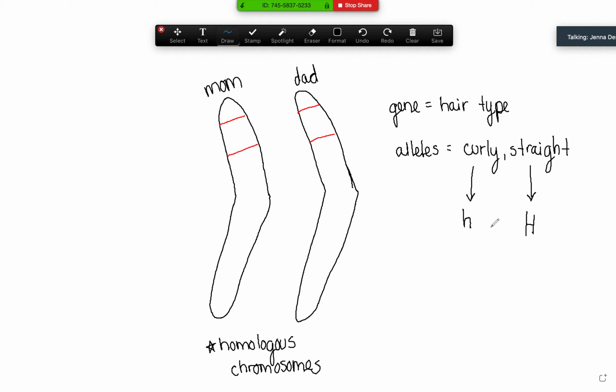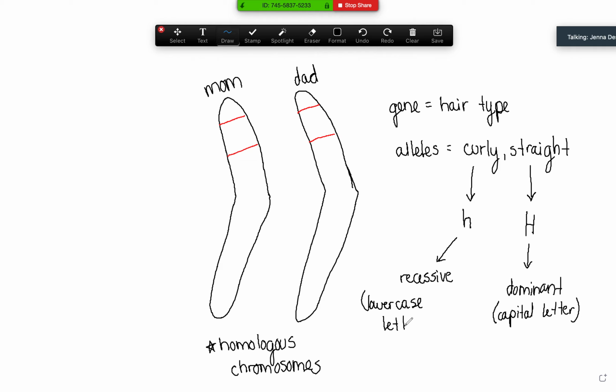So when we have alleles, some alleles can be dominant, and some alleles can be recessive. Dominant alleles are usually always represented by a capital letter, and the recessive alleles are represented by a lowercase letter.